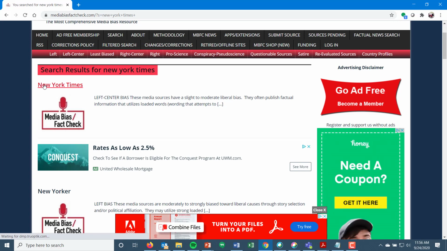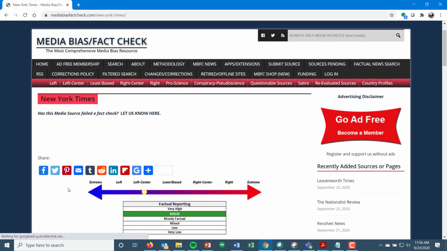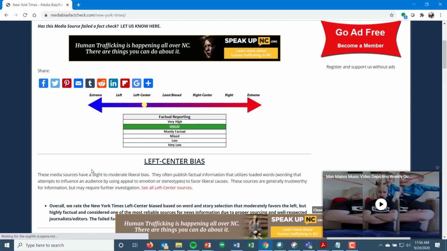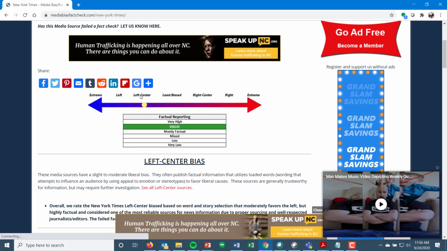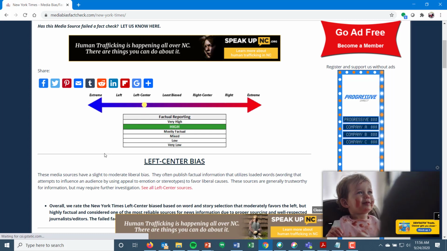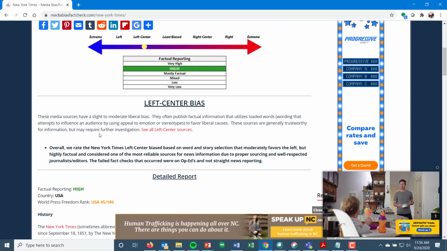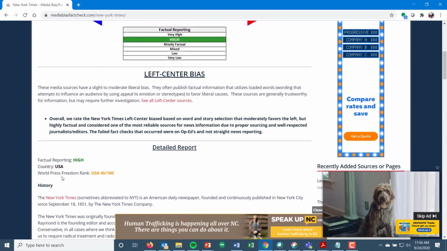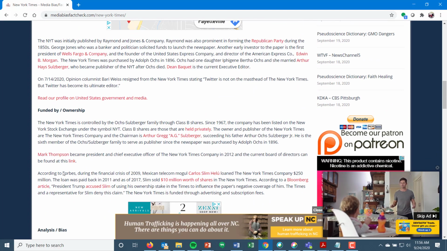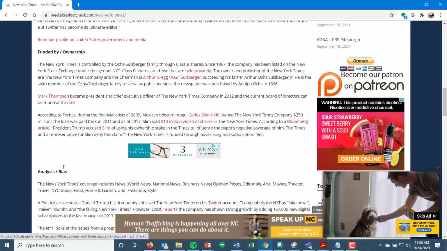Does it have any sort of propaganda goals and things like that? It gives you their background. They say that the New York Times is left center bias, so it does have a little bit of a liberal, left lean to how they report and present things. And then they tell you why they think that, and why they think they're credible or not credible, giving you that kind of information.